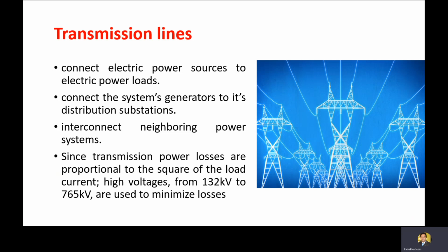Moreover, they also interconnect neighboring power systems. Since transmission power losses are proportional to the square of the load current by using the relation P is equal to I square R, therefore, high voltages in the range of 132 kilovolt to 760 kilovolt are generally used for transmitting the electrical power to minimize the losses.